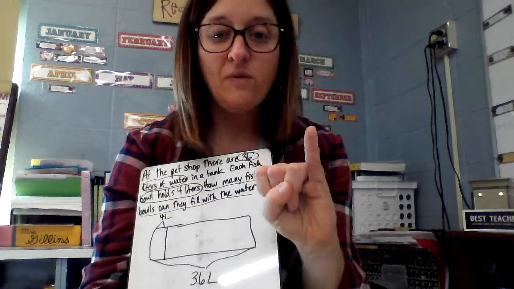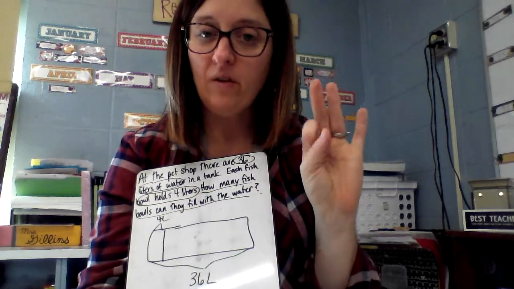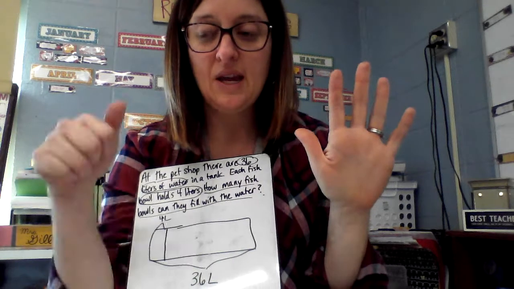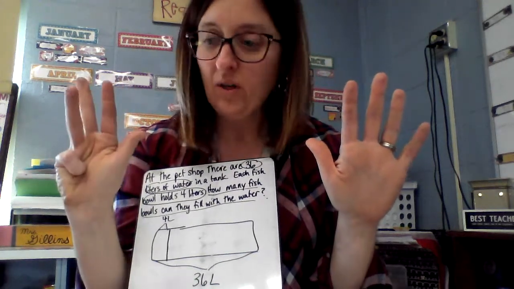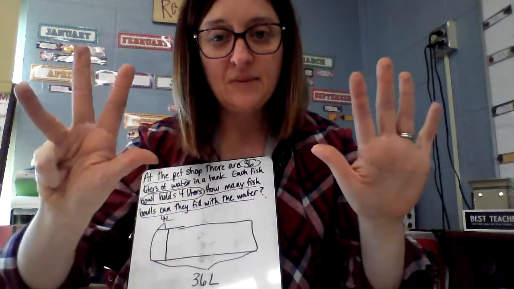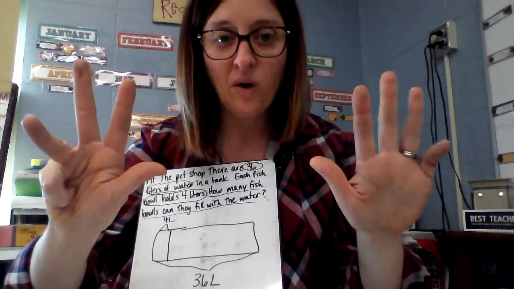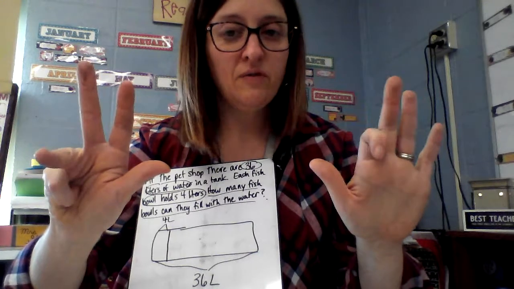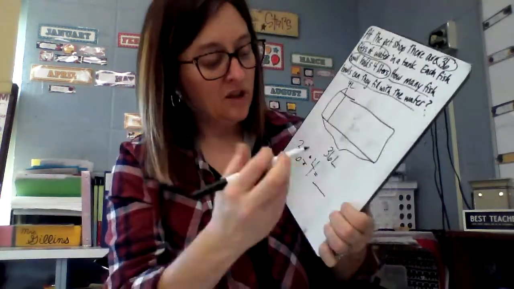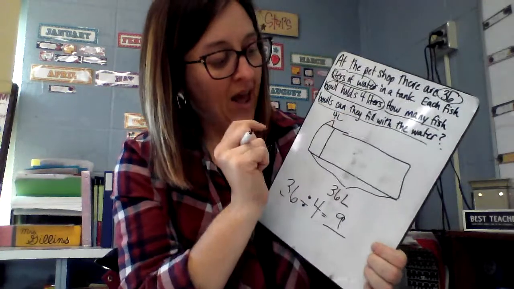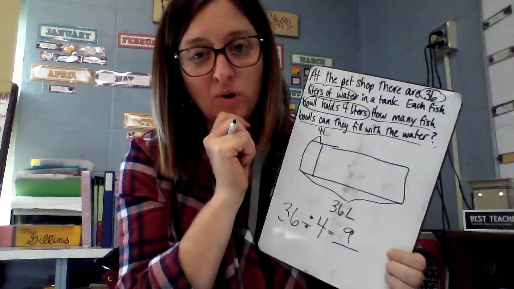We say 4, 8, 12, 16, 20, 24, 28, 32, 36. How many times did I count by 4, third grade? 1, 2, 3, 4, 5, 6, 7, 8, 9 times. So that tells me that they're going to have 9 bowls they can fill.